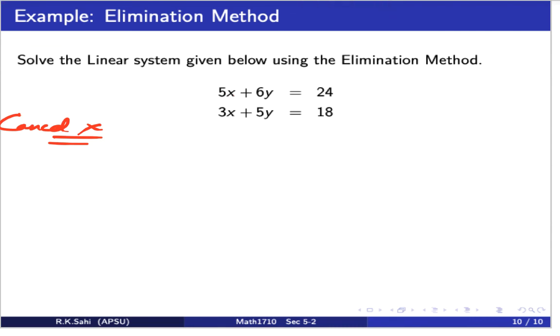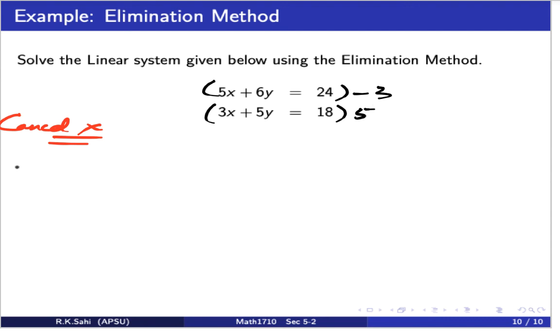So multiply the first one by negative 3, the second one by 5. Now guys, you could also have done 3 and negative 5. It would not have made a difference. It's a decision, however you want to proceed.